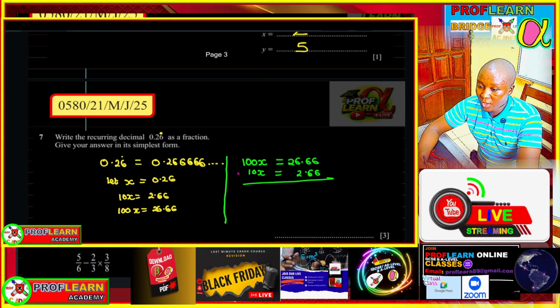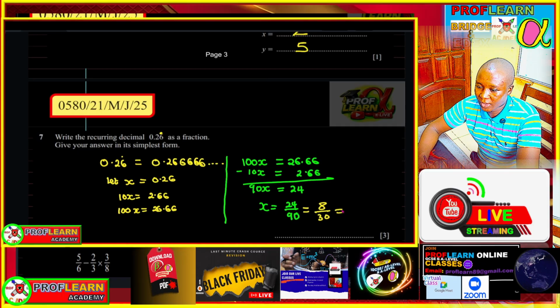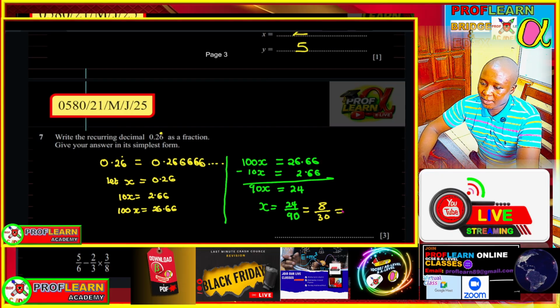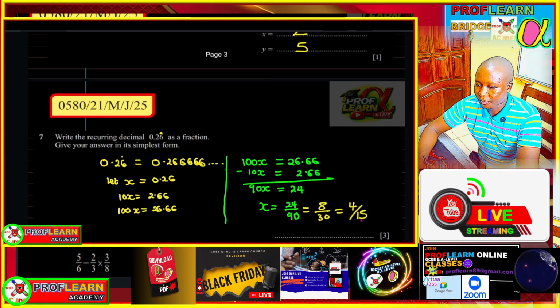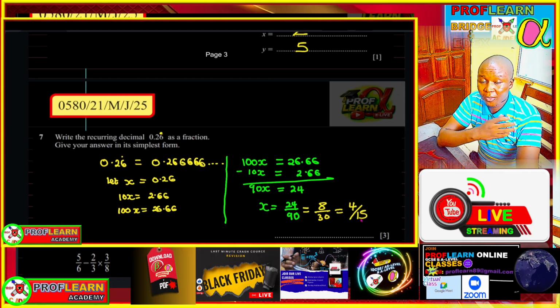So in that way, we shall have this as 24/90. If you simplify, this is going to translate to 8/30, but also 2 can divide 8 and 30, so that's going to be 4/15, so that we can leave our answer like that.